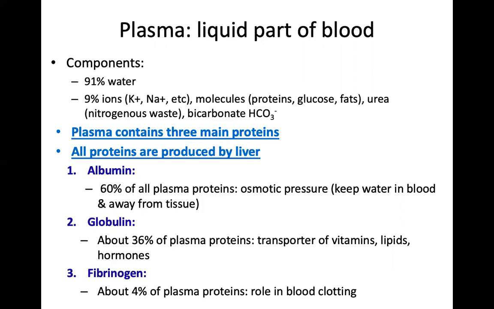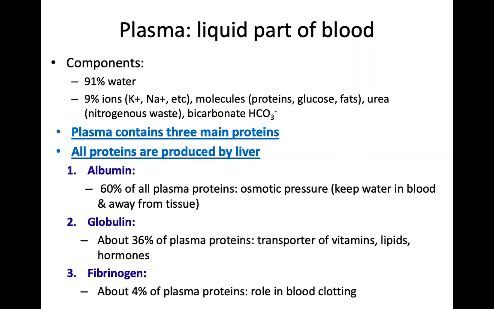It also can contain metabolic waste or nitrogenous waste such as urea and uric acid. And lastly, the component that is helping you maintain your blood pH, which is your bicarbonate, which is again HCO3 negative. Now, that 9%, which we said some of it will be proteins, there are 3 main proteins that are found inside the plasma.